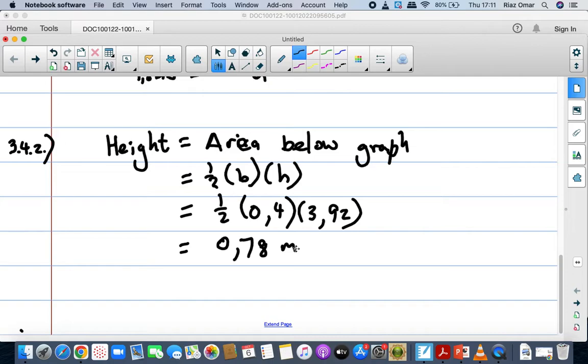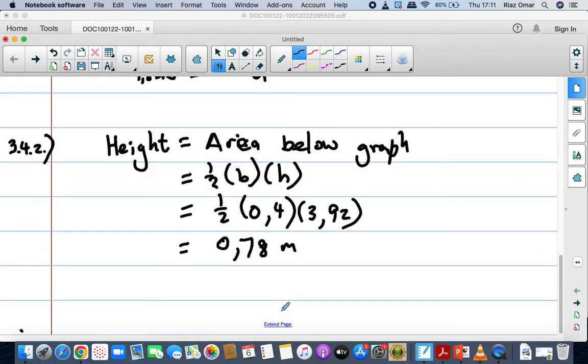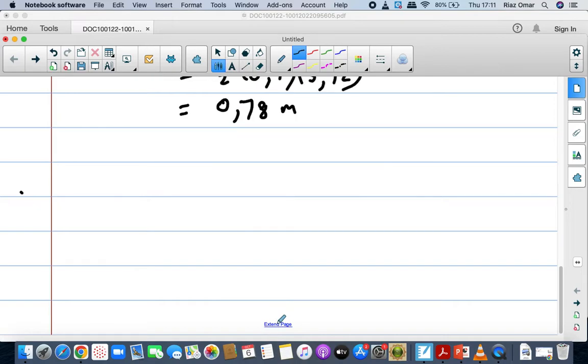The other way, as we did in the previous sum, is to use equations of motion. So if you're using equations of motion, then we'll have to see what values we have. In our case, we'll say Vf squared. We've got final velocity 3,92.